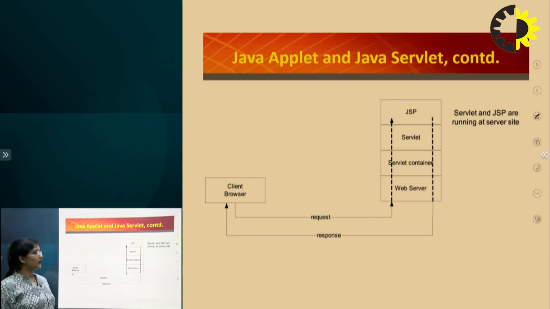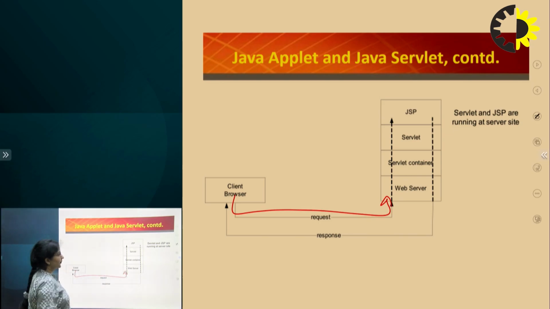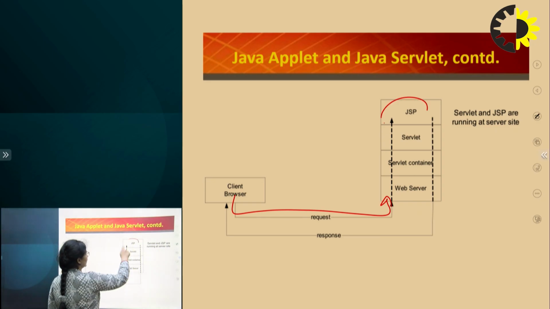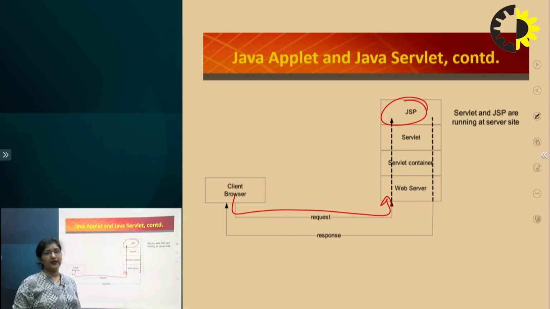Whereas in a servlet, the client requests data from the web server. The web server goes to the servlet container to call the servlet, and then the servlet and the JSP. If I write a JSP program, then for the first time that JSP will be converted into a servlet, and after that, if I make the same request again, only that servlet will work.